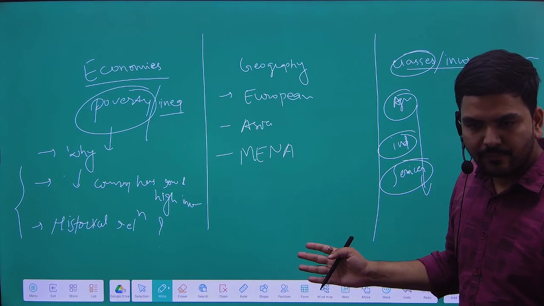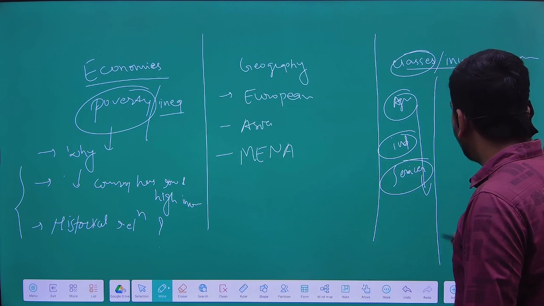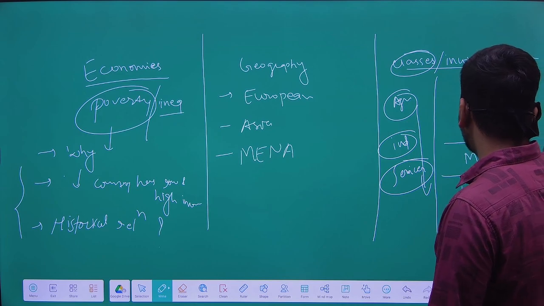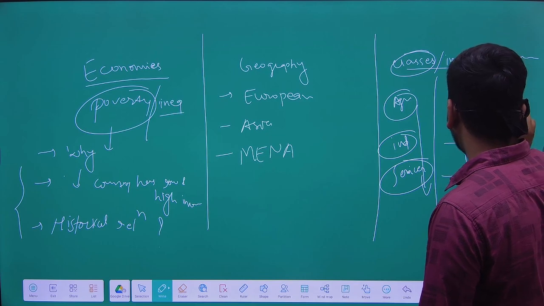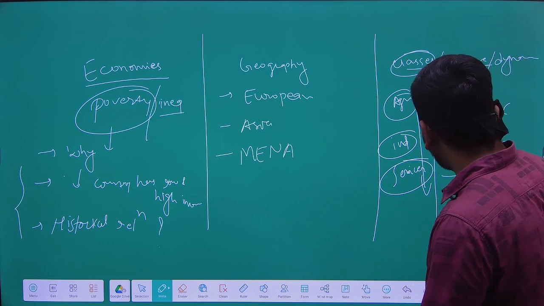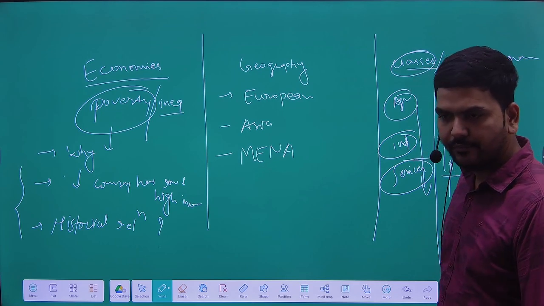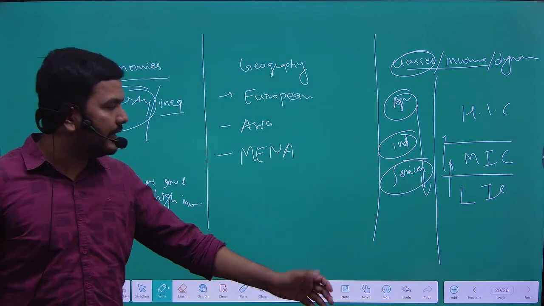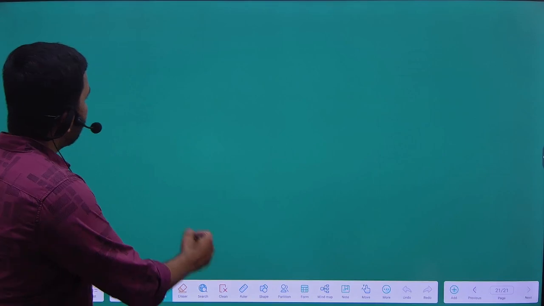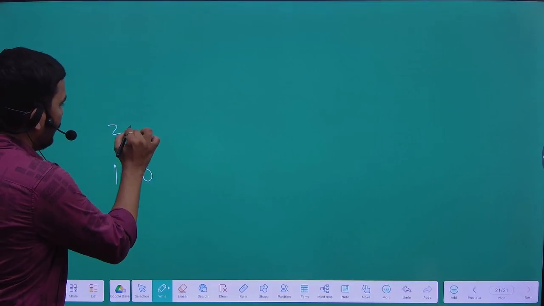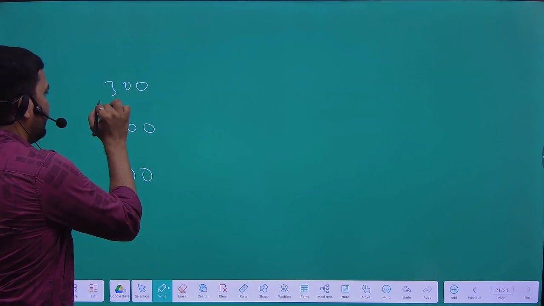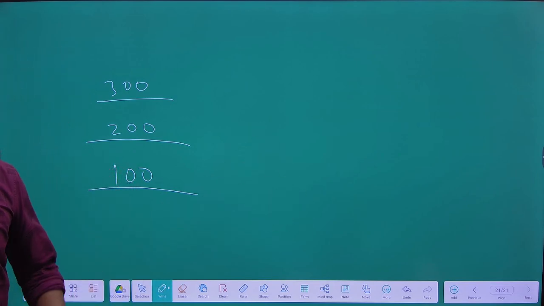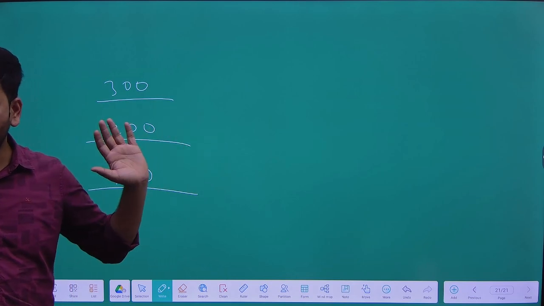This you study, right? Then we talked about that, okay, it is a low income country, middle income country, and high income country, right? Every time they jump a bit. Let me tell you one thing, take it as an example. Let's say 100, 200, and 300. These are the bars of per capita income. Based on that, you are defining the low income country, middle income country, and high income country.